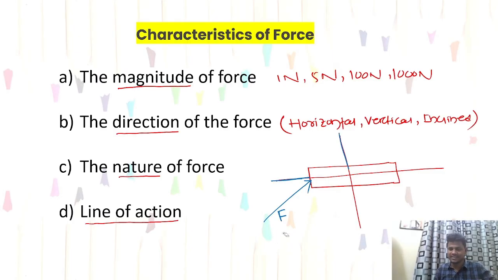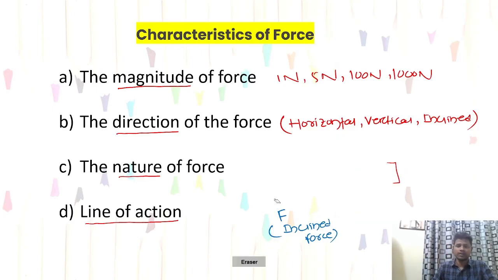So this force is an inclined force. That means we can apply the force either in the horizontal direction, the vertical direction, or an inclined direction. So basically there are three directions of forces.